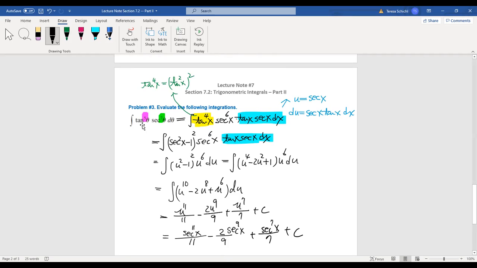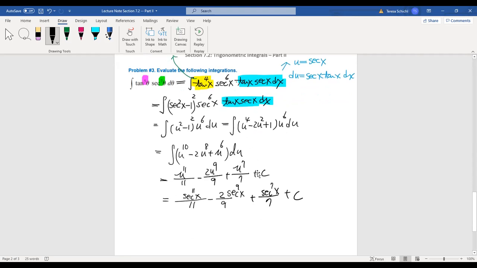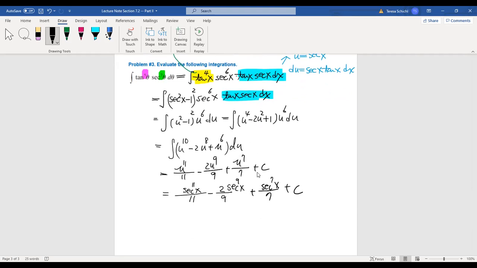So you can just take one out for each. The reason why I said that if the secant is odd and tangent is even it will be a little bit difficult is this.